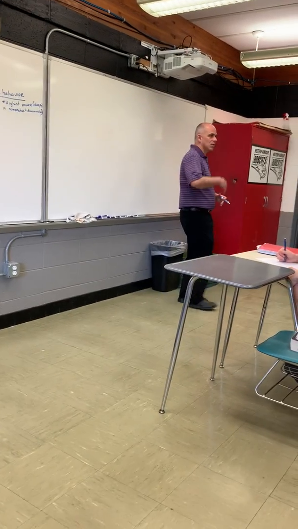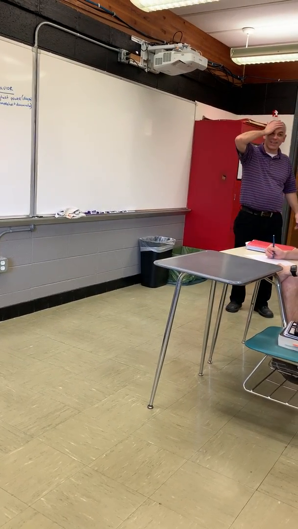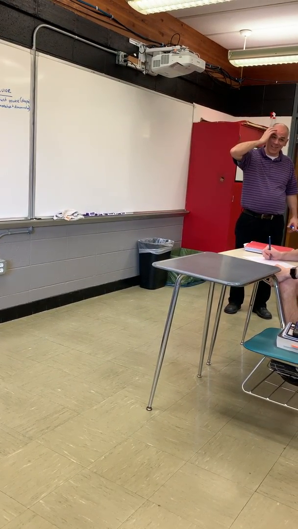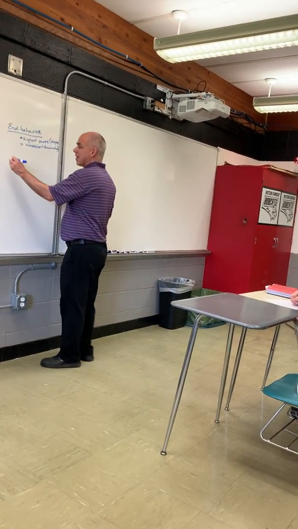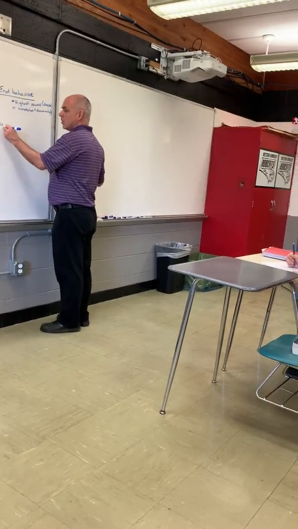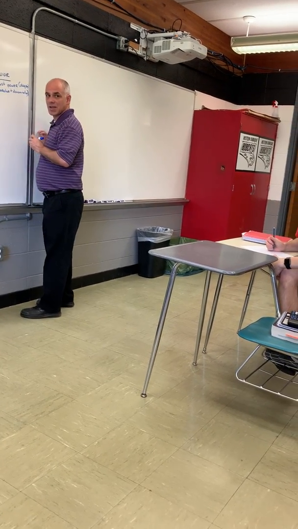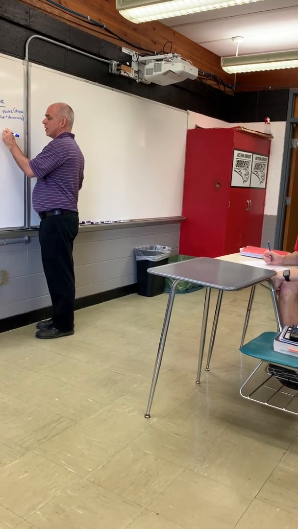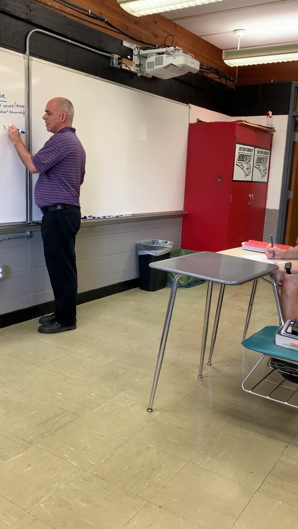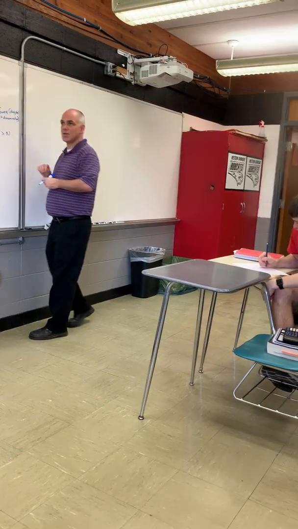So I take a look at the degree in the numerator and the degree in the denominator, and you're going to compare those two. Your first possibility, your end behavior is y equals 0, and that happens if the degree in the denominator is bigger than the degree in the numerator.